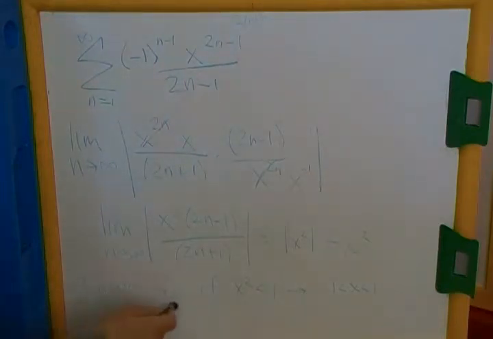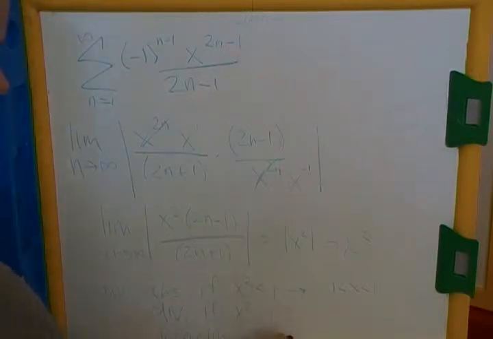So we know it converges absolutely in that case. We know it diverges if x squared is greater than 1. Sorry, that's really messy. And then again, we've got this inconclusive case where x squared is equal to 1, or again, those endpoints plus or minus 1. So again, we have to check the endpoints.